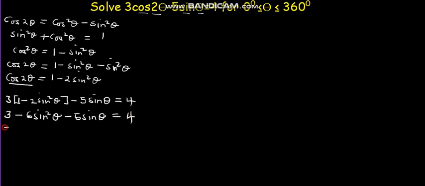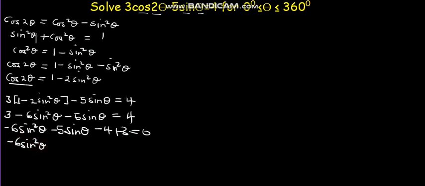So we shall have negative 6 sine squared theta minus 5 sine theta minus 4 plus 3, which is 0.